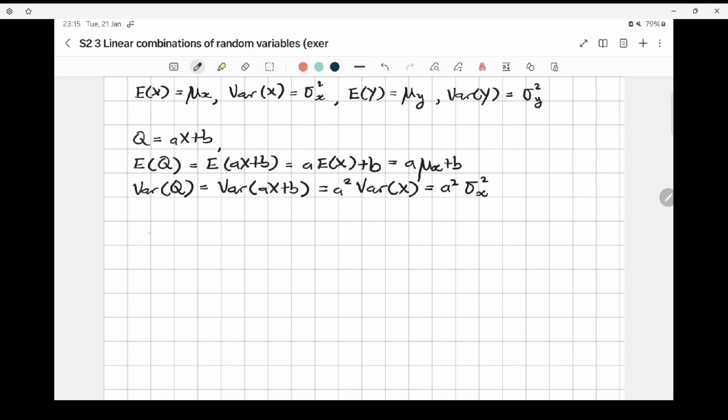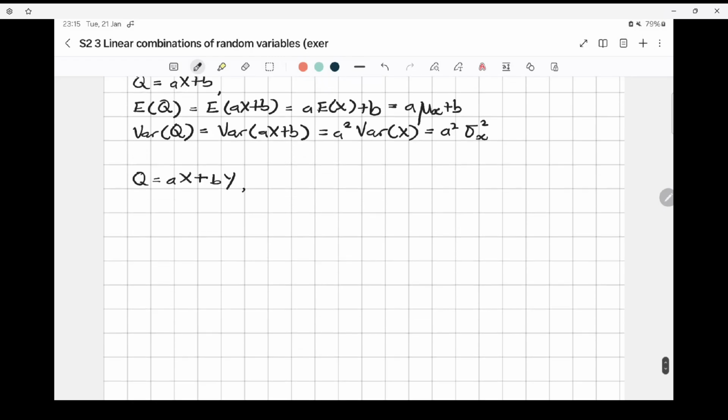Whereas if you are given, let's say, Q equals aX plus bY, the condition for this is basically that X and Y must be independent.